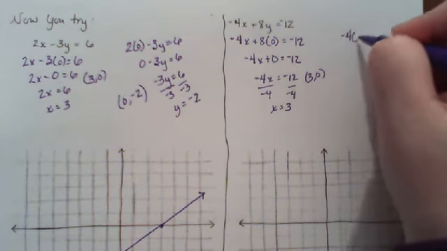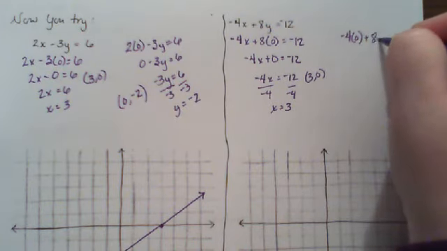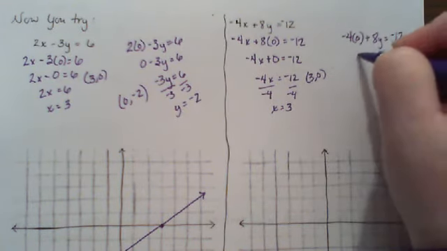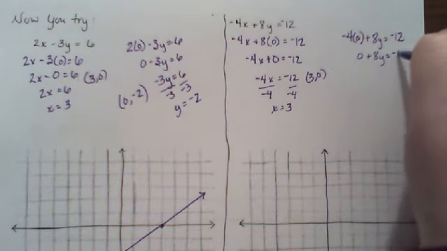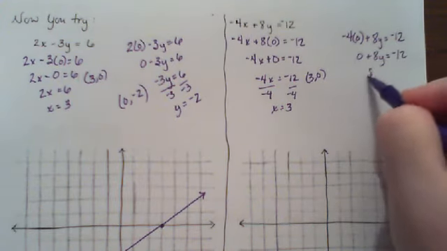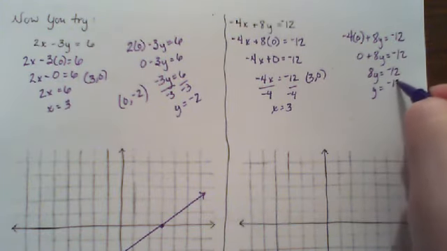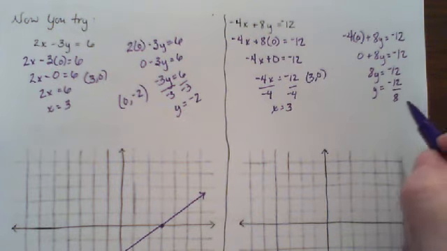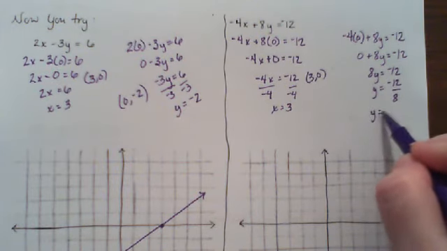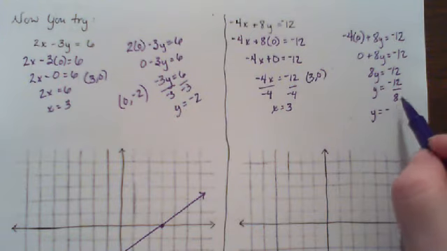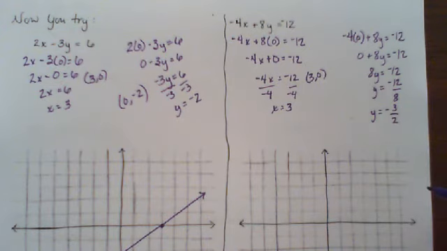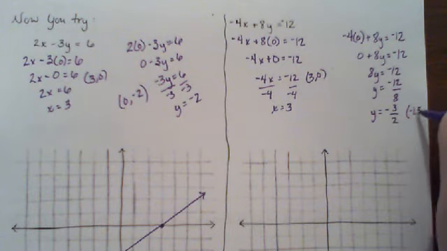And then you go back, negative 4 times 0 plus 8y is equal to negative 12. Y is negative 12 over 8. But that's not your answer. You need to reduce that. Negative 12 over 8 is negative 3 over 2, which is roughly negative 1.5 or minus 1.5.